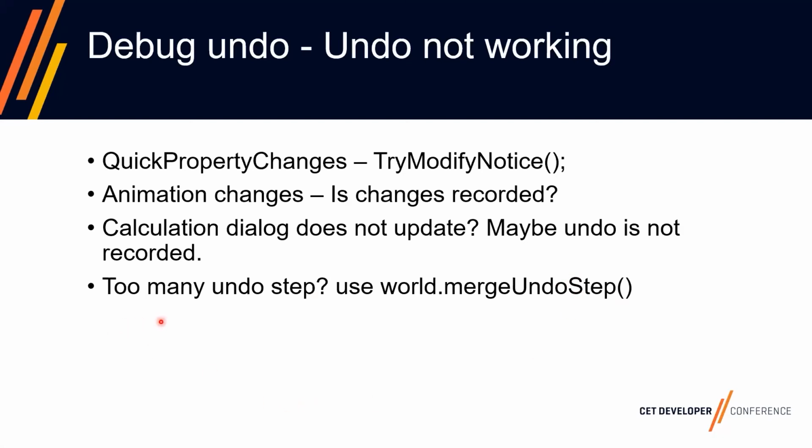Another problem is if you have too many undo steps. Let's say you use animations that extend from core animations, and the animation already handles its own apply functions.